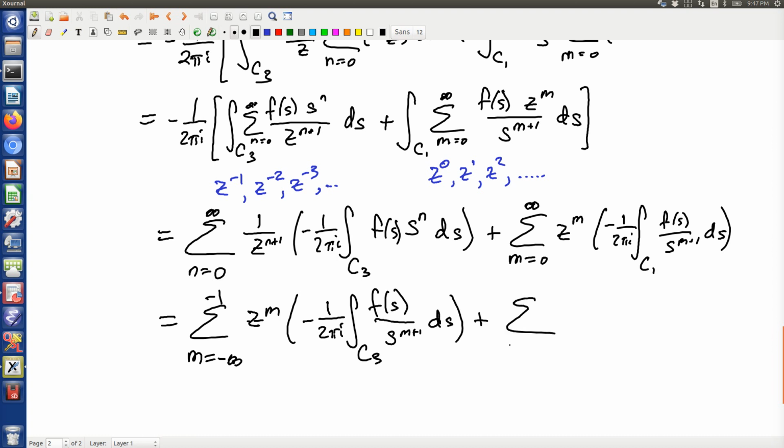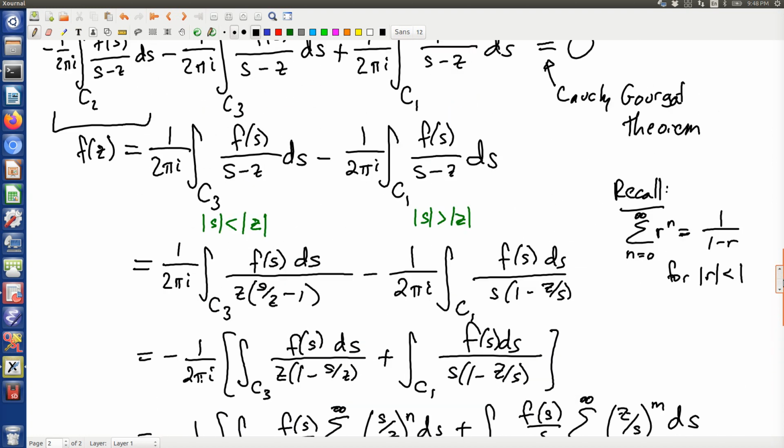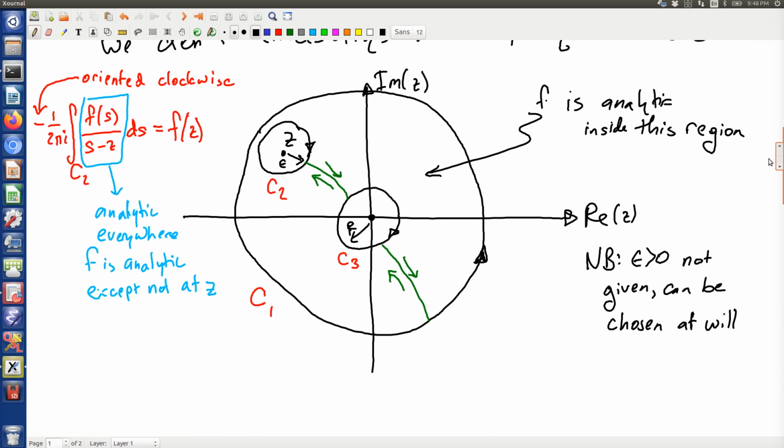Now the neat thing about this arrangement, as you can probably see, is that now I formally have the same integral, of course different contours of integration going on, but that's pretty convenient. So what this really means is that I get all these negative powers of z coming about from integrating around C3. Where is C3? Oh, C3 is the guy in the middle.